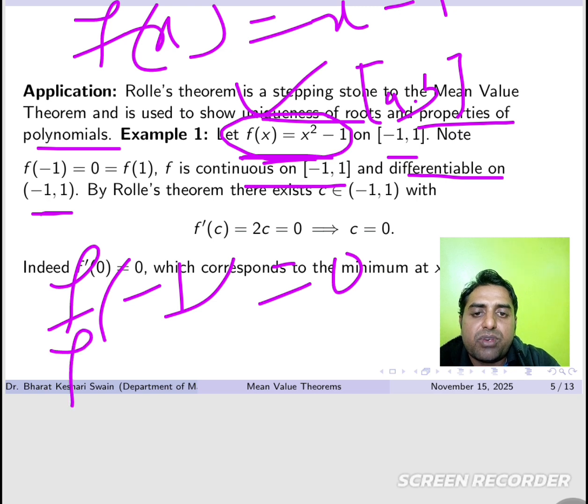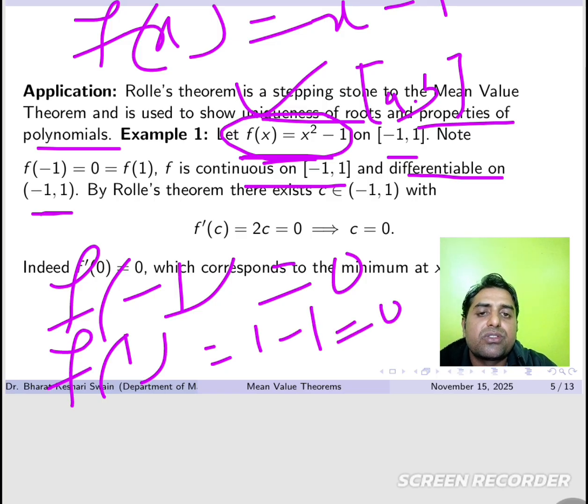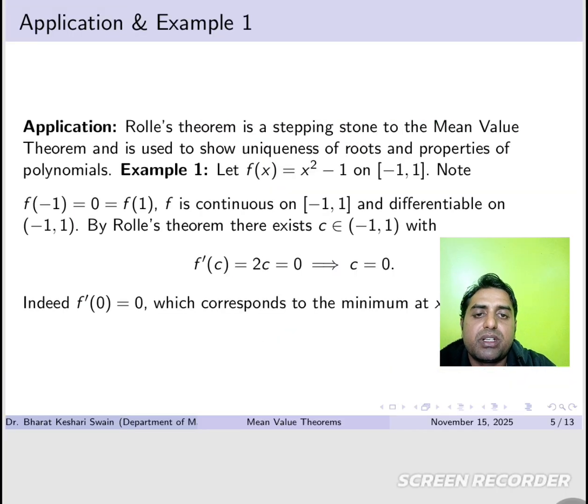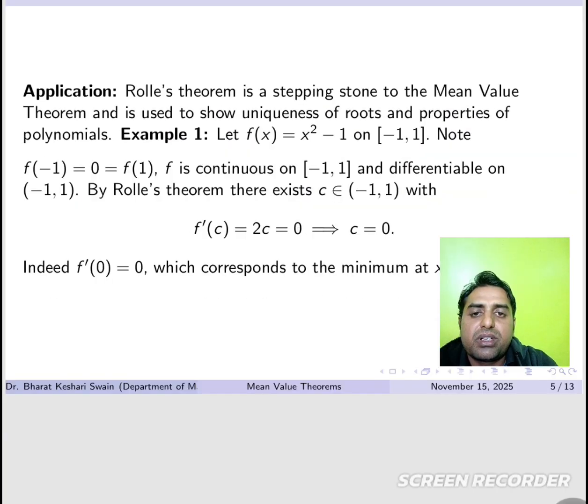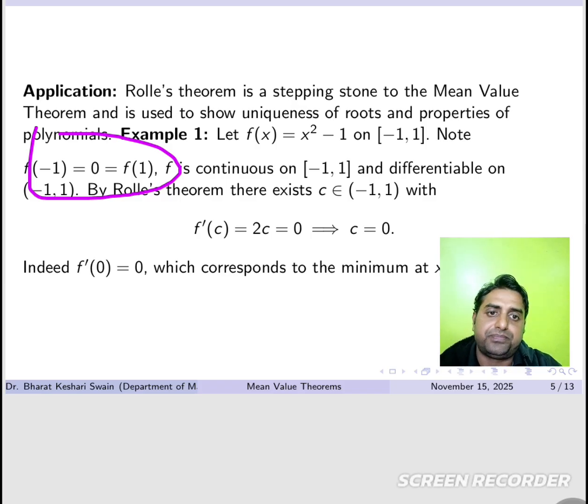And f(1) is 1 squared minus 1, which is 1 minus 1 equal to 0. So f(-1) is equal to f(1), and both are equal to 0.